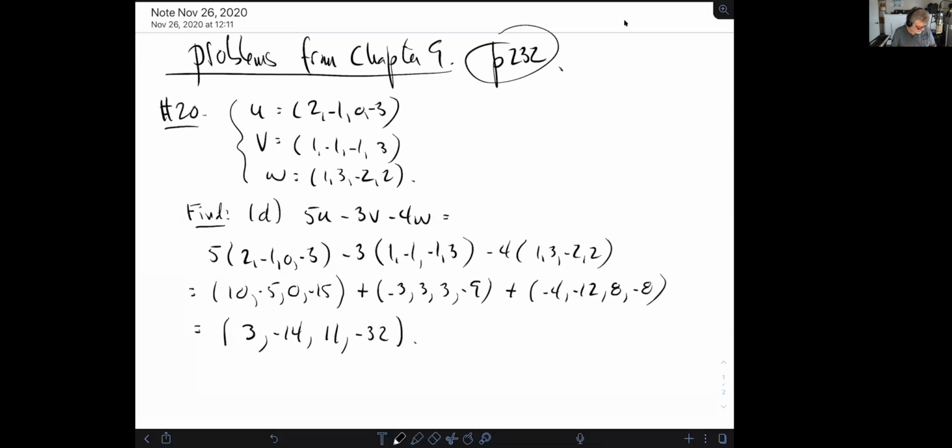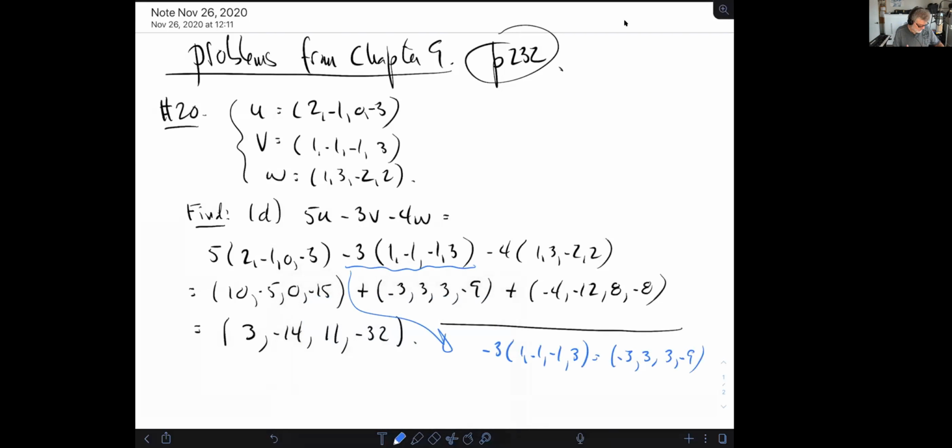I'll put it in blue. I've got -3 times (1, -1, -1, 3). Do you agree this is the same as (-3, 3, 3, -9)? You're okay with that? Yeah, absolutely.